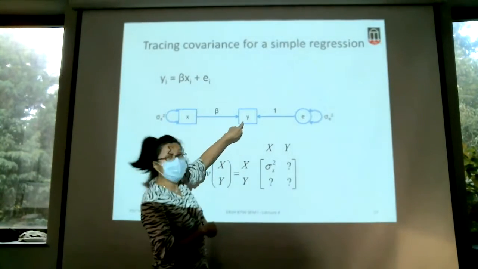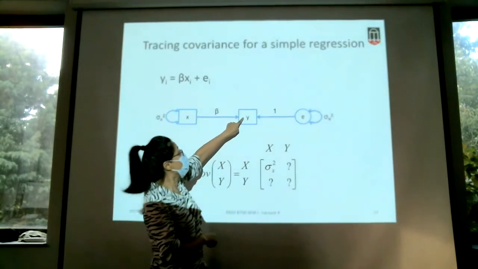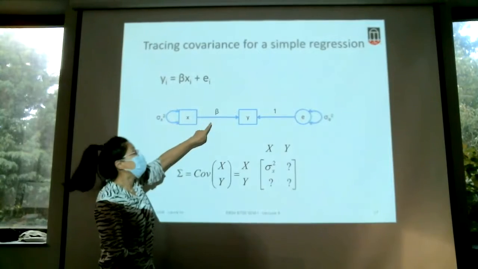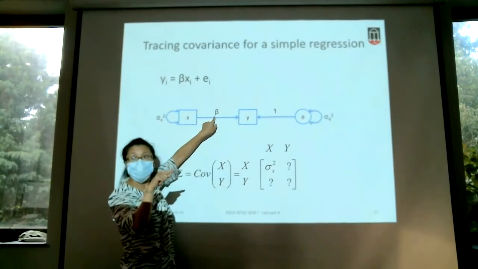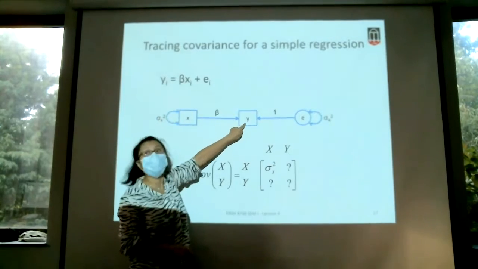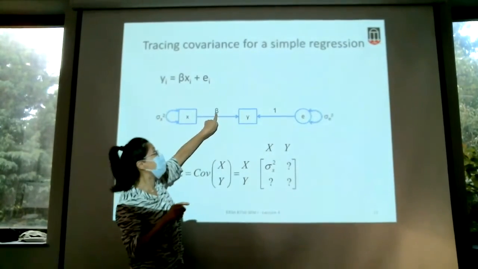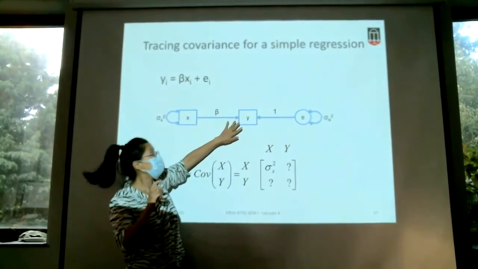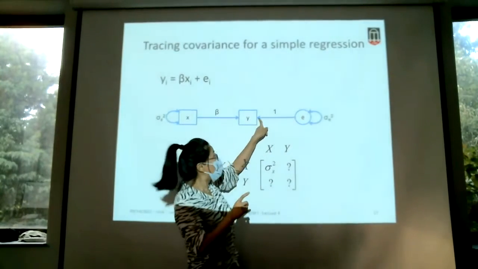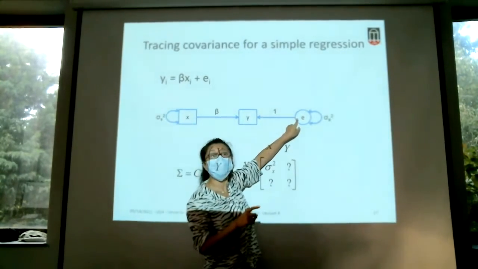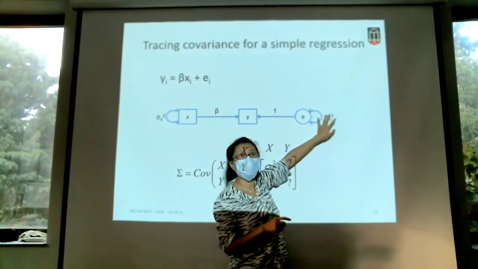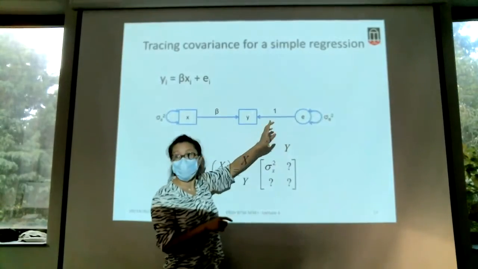Starting from y, go back to x, write down the beta here, then the variance of x, then go back to y, times beta again. That's one component. Plus the other component: 1 times the variance of e, which is sigma squared, times 1, going back to y again.